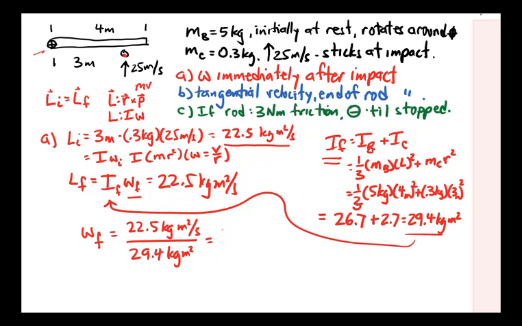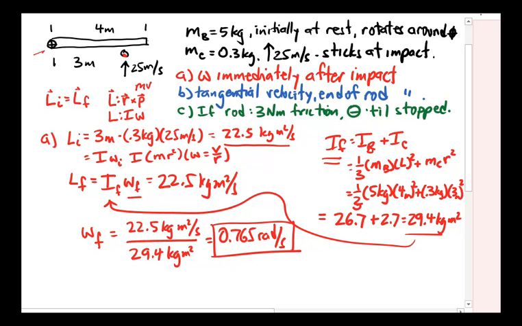So omega is going to be 0.765 in our units. Notice everything cancels but the per seconds, and so it's going to be radians per second. Final angular velocity 0.765 radians per second.